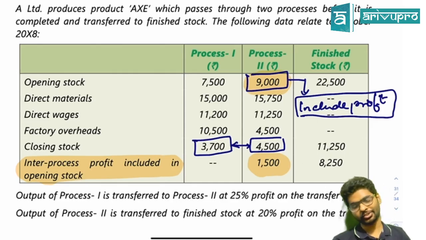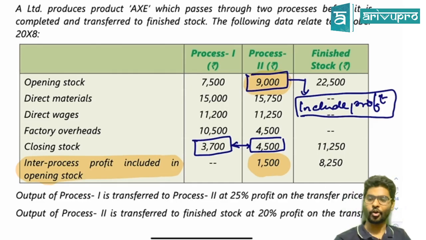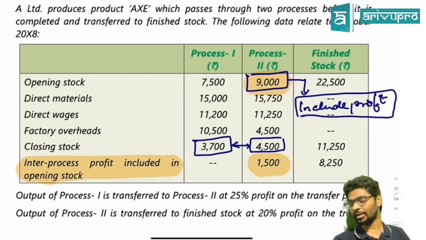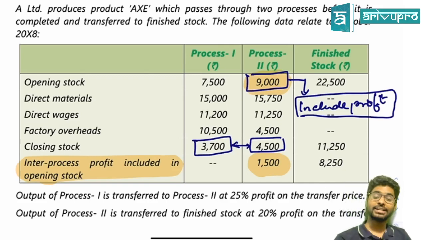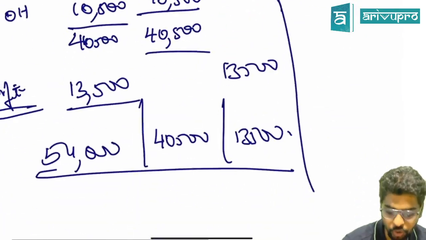The first one is cost price, second one is also at cost price, but in the second one there is an element of profit included, and I need to just know the cost part of it. So how do I do it?